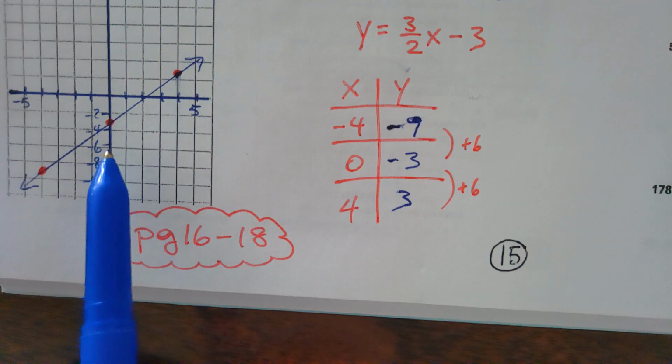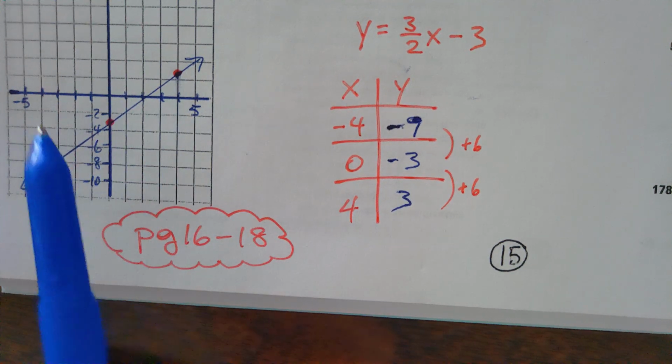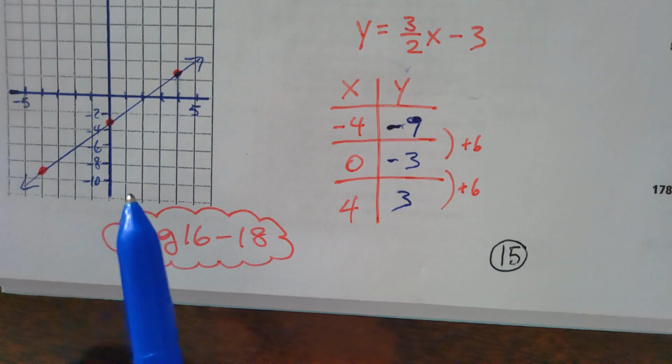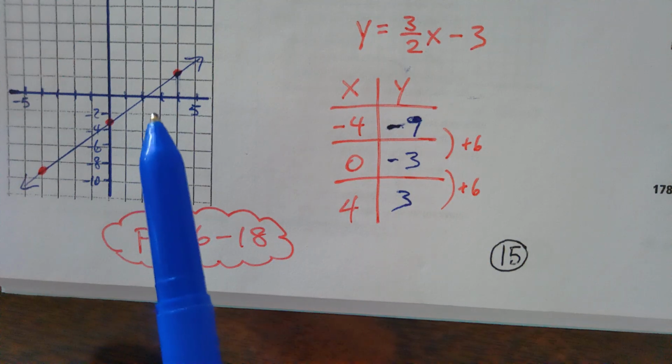Did someone else's graph look different than mine? One second, I'm almost done. So do all your graphs look exactly like this? No. Is it wrong though? No. So why is mine and yours different? You used a different scale. That's right.